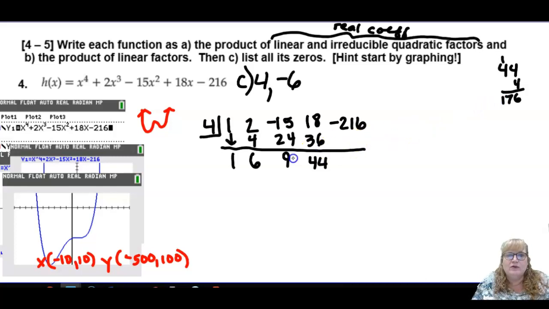All right, so where did I go wrong? -15 plus 24. That's right, isn't it? Oh, this is 54.